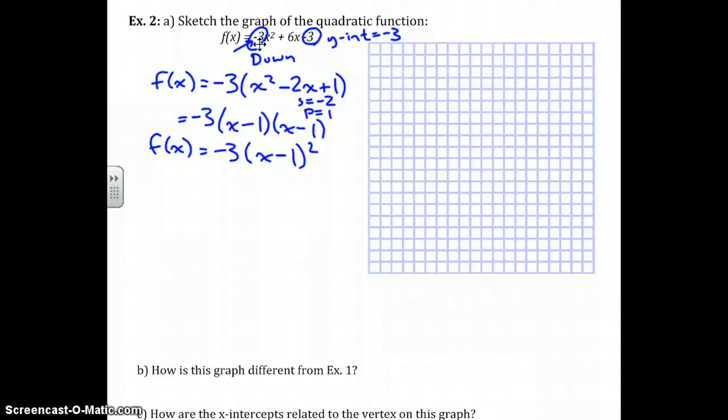The reason we use factored form is to get our x-intercepts. We take this one factor, x minus 1 equals 0, solve that for x, and we get x equals positive 1. Is there another factor here?